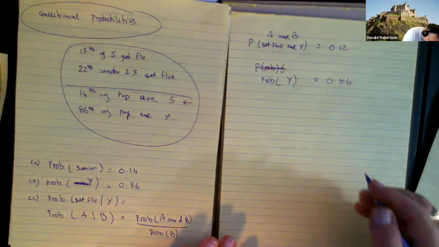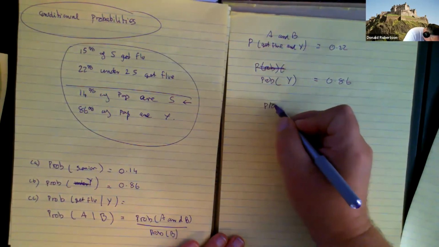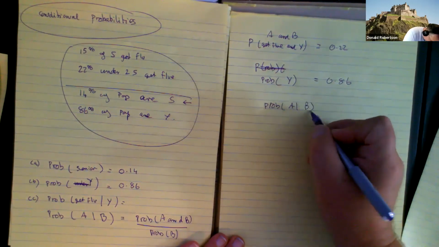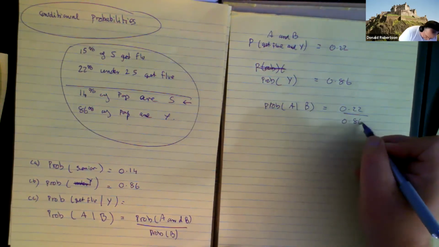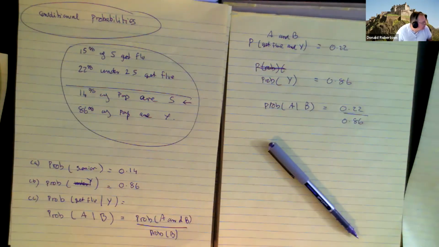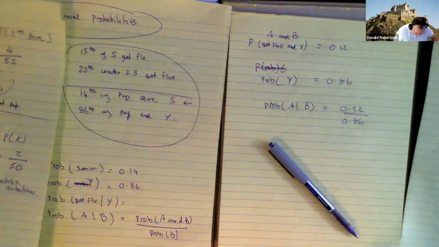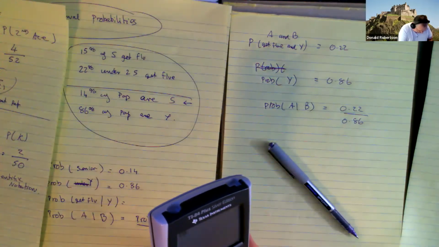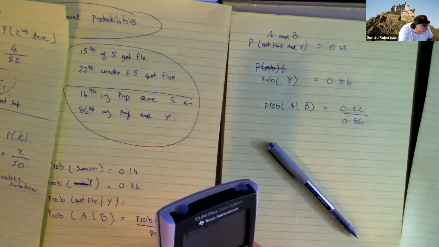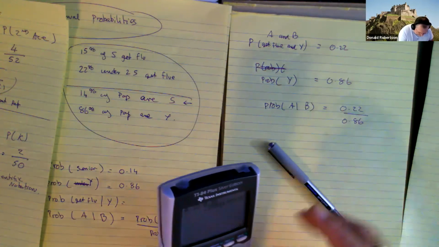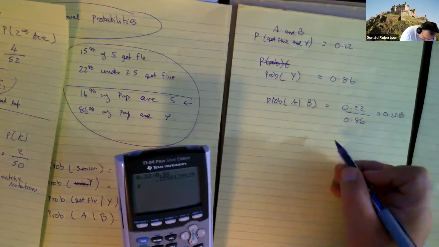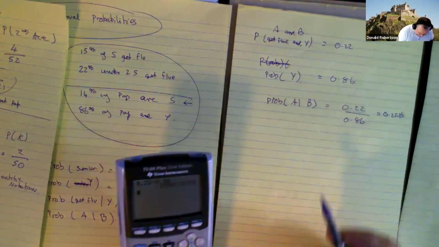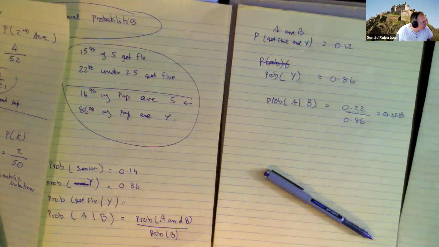So we should be able to put those together and get the probability of A given B is 0.22 over 0.86. And that's whatever that comes to, 0.22 divided by 0.86. Hopefully I got that the right way around. And if I didn't, I just have to switch places and I'll get the answer. I think I read it the right way.